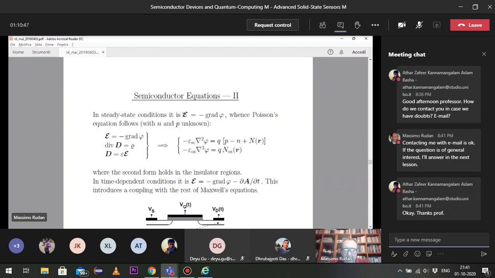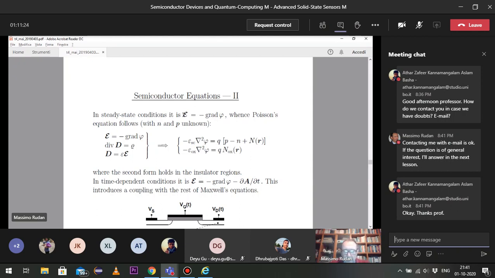If the electric field depends only on the electric potential, we substantially split the set of Maxwell equations into two parts and keep using only the Poisson equation. So in the steady state non-equilibrium condition, out of the Maxwell equations, we use only the Poisson equation. What is the difference between this case and the case of equilibrium?